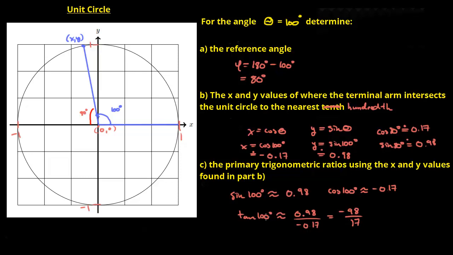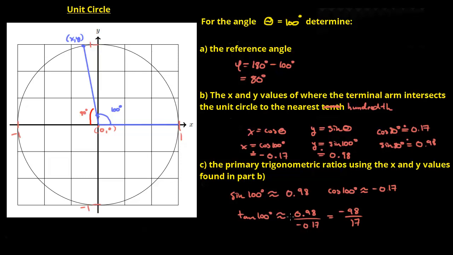So the tan of 100 is approximately equal to negative 98 over 17. You can try this on your calculator and calculate tan of 100. Tan of 100 is negative 0.567, and negative 98 over 17 is the same value.